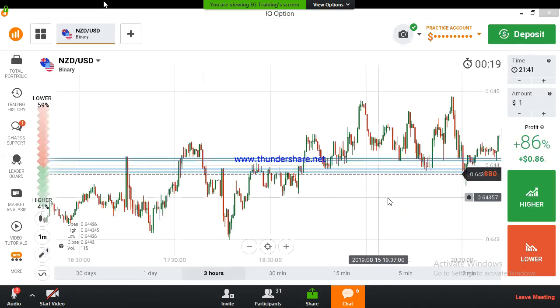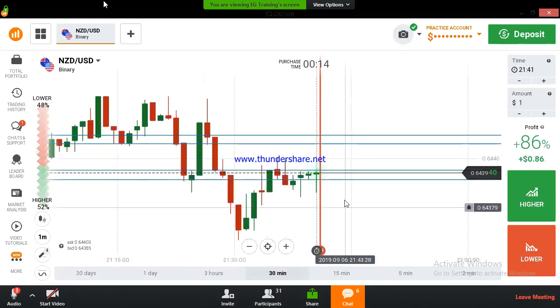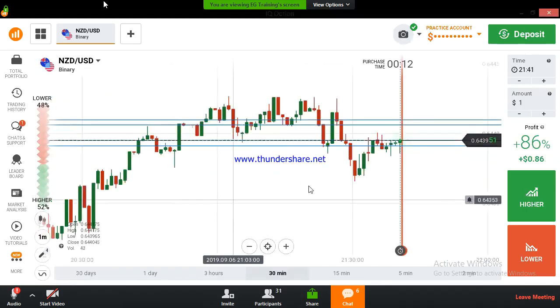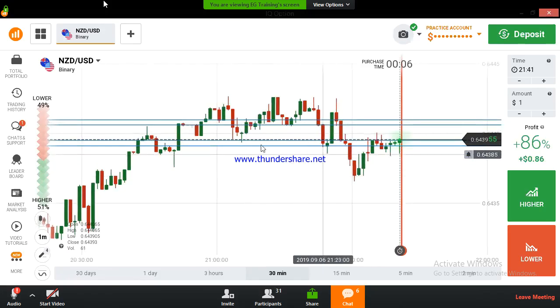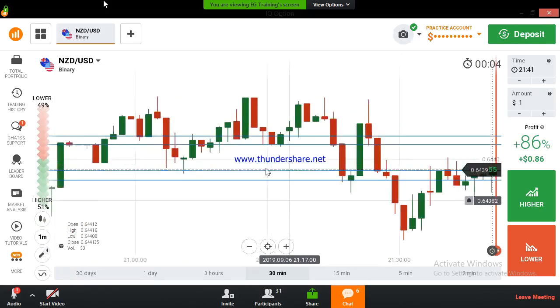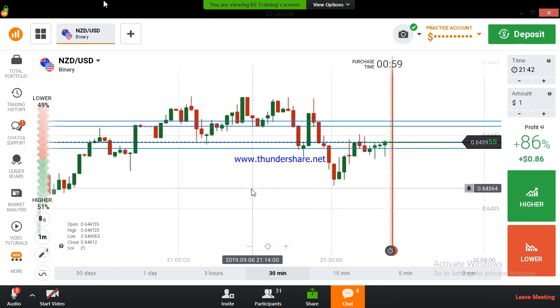So we can trust this level only. In these two levels, the above level is working as a strong level. This is also working as a strong level, but not very much stronger than this level.